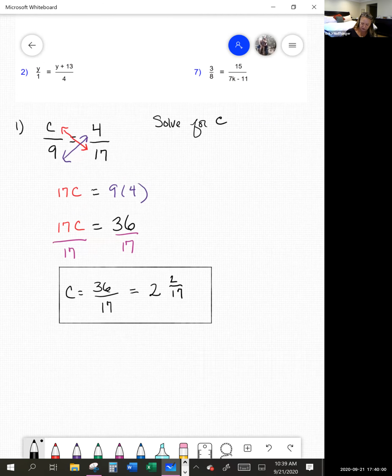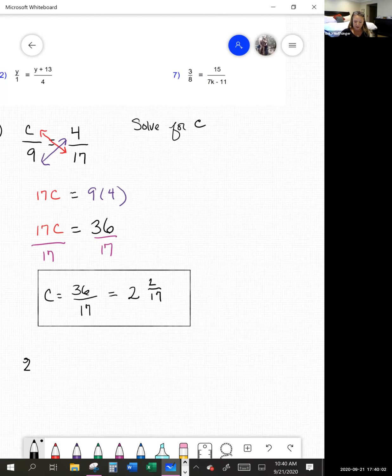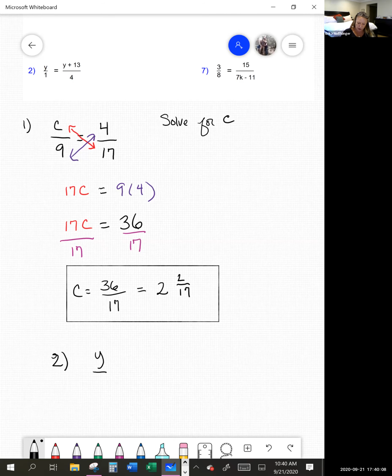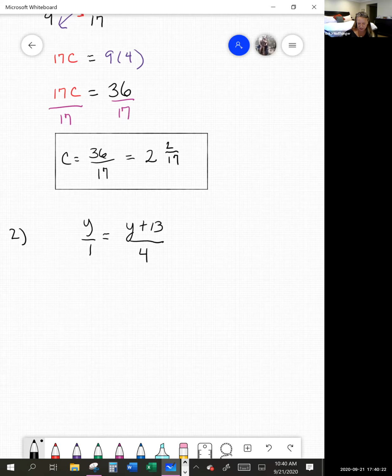Now number 2. It says you have y over 1 is equal to y plus 13 all over 4. Okay, fraction equal to a fraction, we can use our cross multiplication.